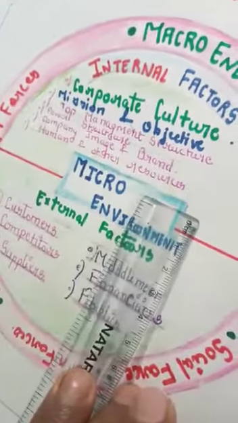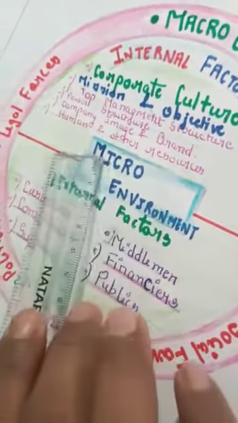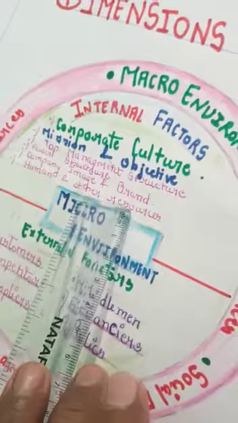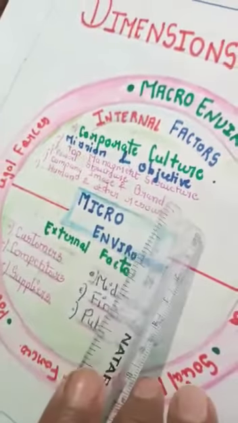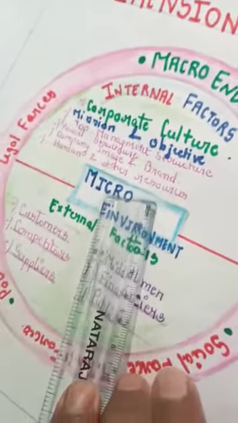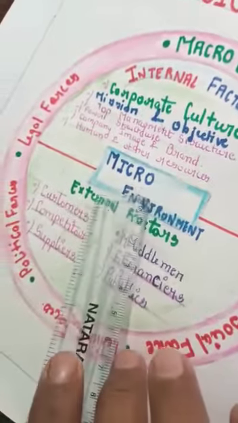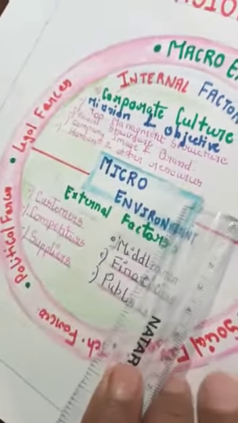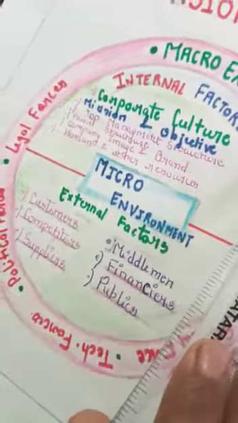Human and other resources are also very important. Employees are considered as the assets of the organization, and they play a very vital role. Again, physical resources and natural resources are also very important.